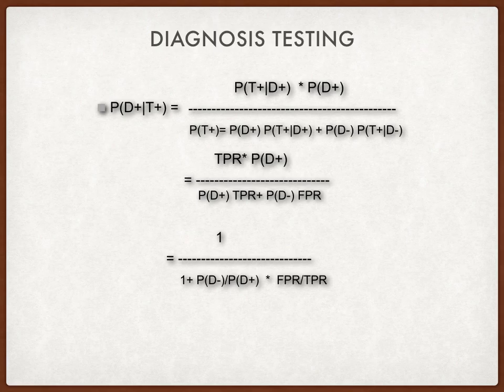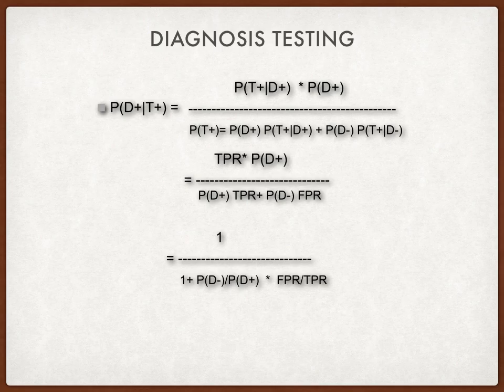So if we replace these, the probability of test positive given D positive, with TPR, the true positive ratio, multiplied by the probability of the condition existing, right? So this is what's happening.